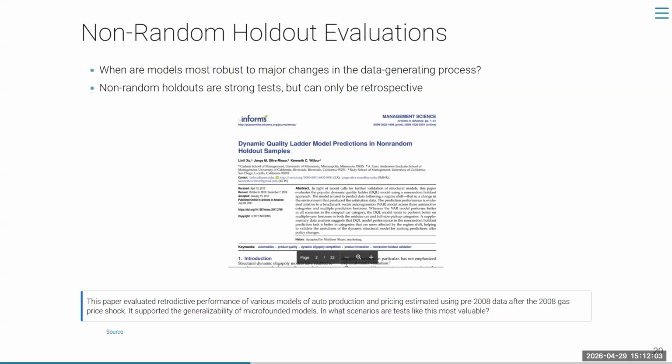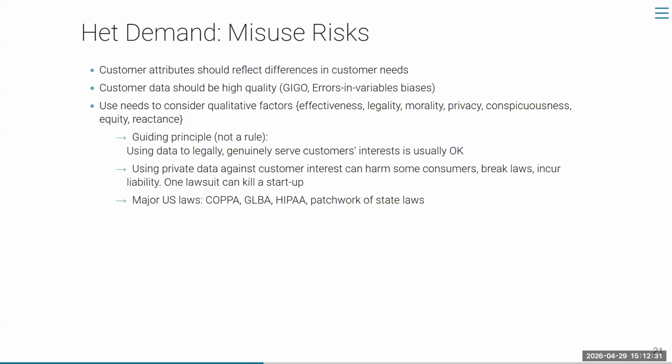Then we simulated qualities and prices going forward after 2007, and we found the micro-founded models predicted changes in car qualities and prices better than non-micro-founded models. I say that mainly because it took us a decade to write this paper, and I want to feel like it benefits someone. So if you didn't get any of that, that's okay. I won't twist you on that, I promise.